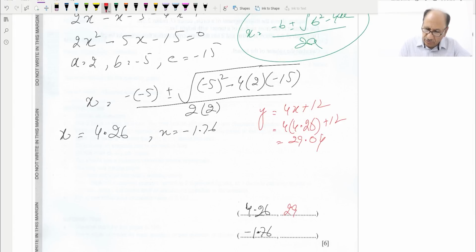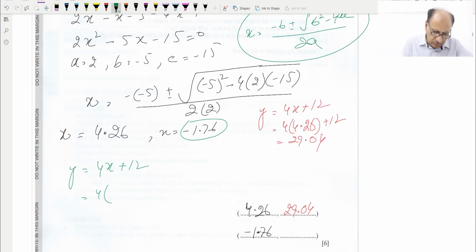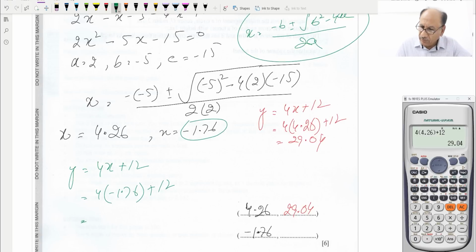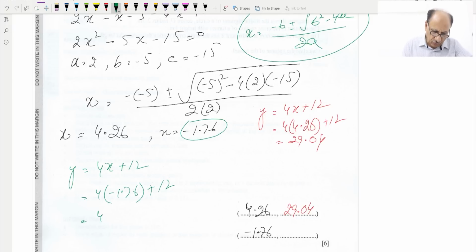So we can write here 29.04 for y value, and the second y value we can find, like y is equal to 4x plus 12. So x value will be using minus 1.76, which will be 4 into minus 1.76 bracket close, plus 12, and this is equal to 4.96. So 4.96 will be our answer, and this is for 6 marks.